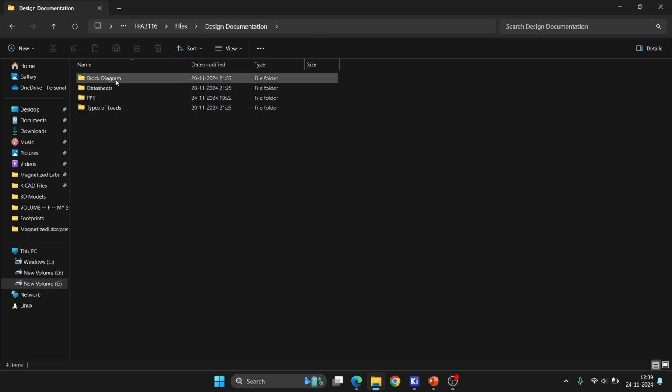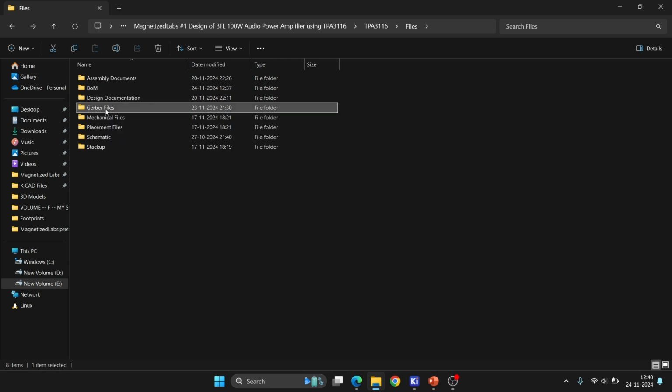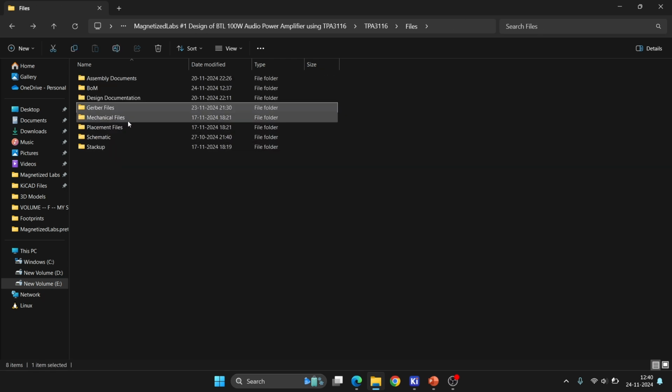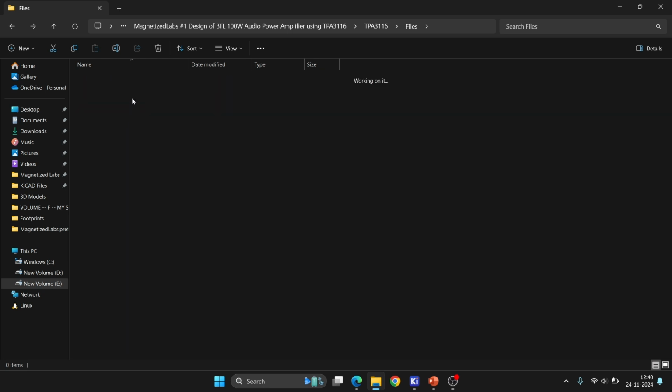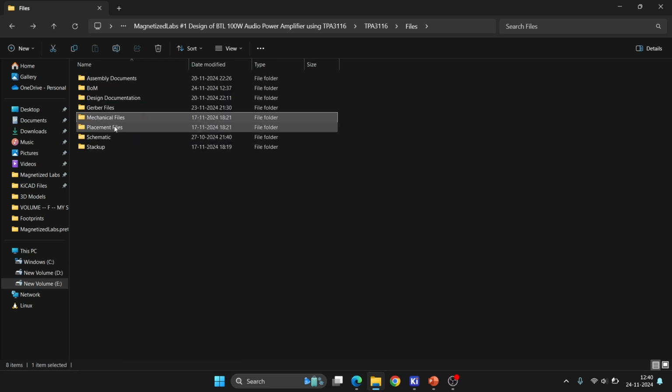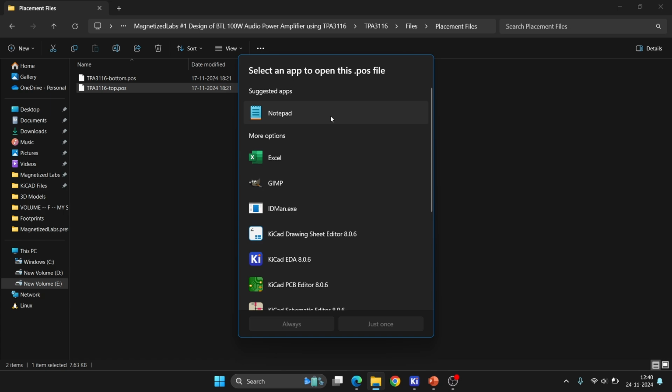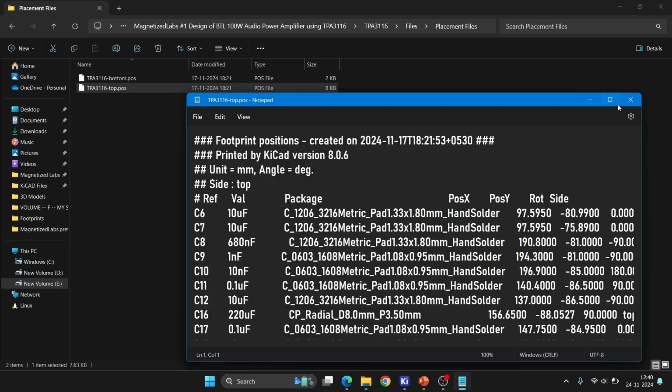Design documentation. You can keep block diagram, datasheet, or if you made any PPT, you can keep it here. Gerber files. You can keep the Gerber files inside it, and mechanical files. A STEP file will be there, and then placement files. As I said, this will be used for automatic placements if you are sending the assembly outside.